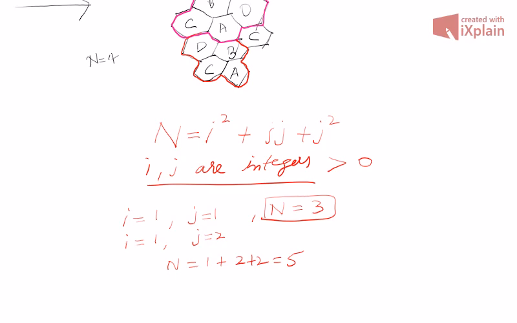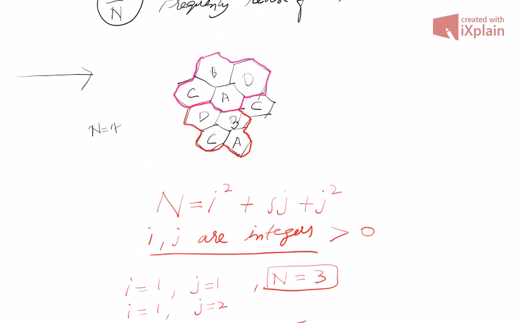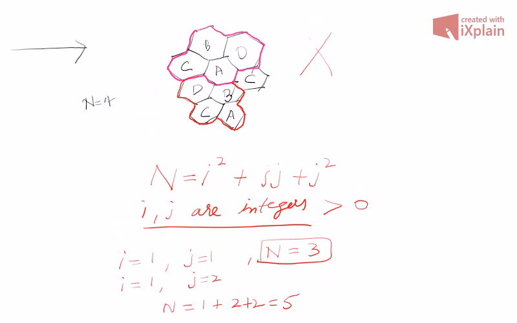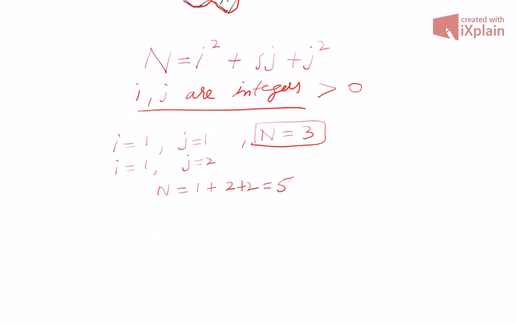I think that is why this 4 is not correct, because we will not get all the equidistant clusters, and the shape is also not symmetric. So for n equal to 5, we will have to put here one more E.